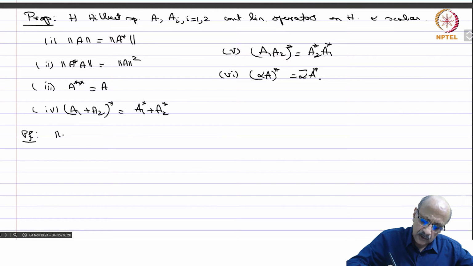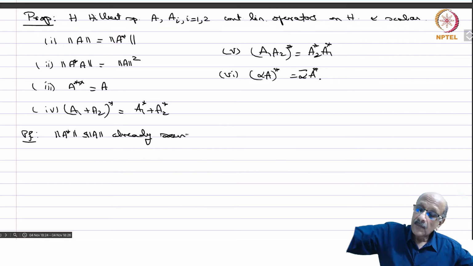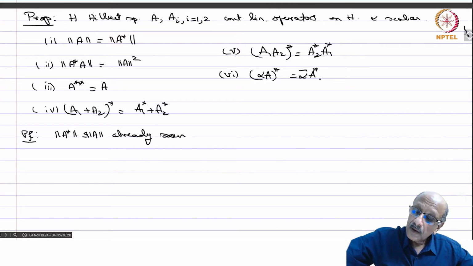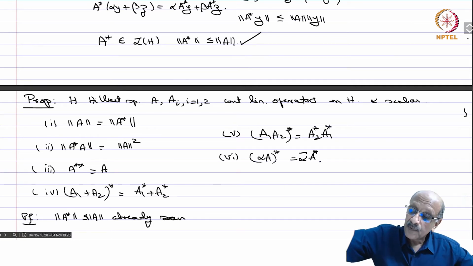Proof. We already know that norm of A star is less than or equal to norm of A, which we have proved just above.